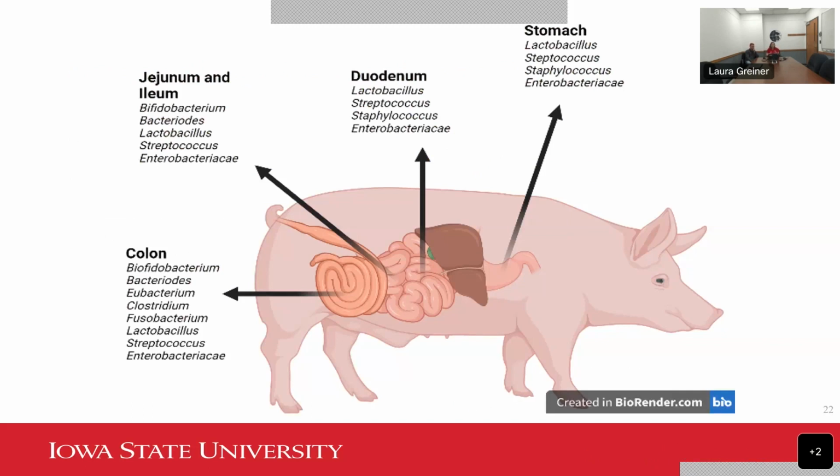And again, these are going to change from time to time. But what I'm trying to stress by showing you these slides is to get you to be thinking about, when you are evaluating the microbiome, you need to understand where you're looking and what you might be looking for. And knowing that if you're sampling in one area, it doesn't mean that something is the same in a different area.